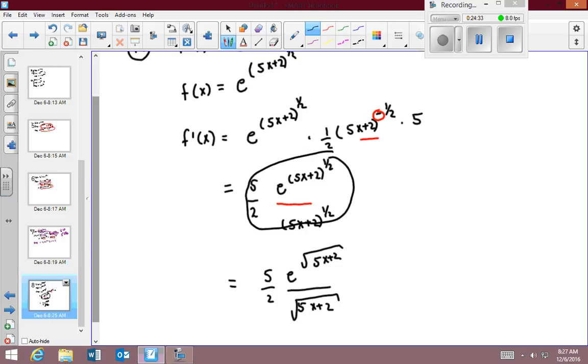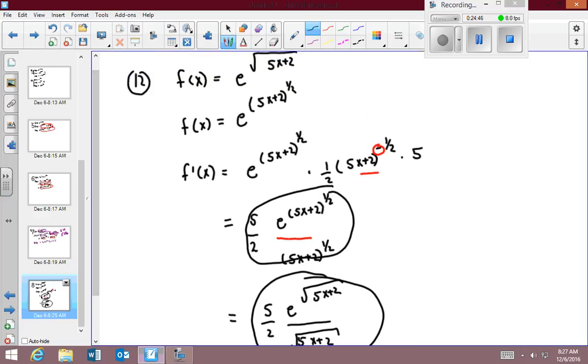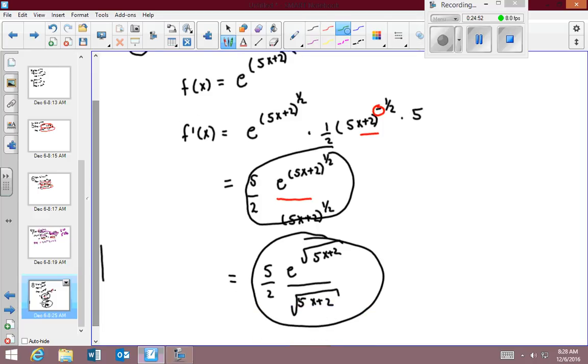Now, I'd take this one, or this one. I don't know what the book does, maybe the second one. See this right here, this puts it in the denominator.